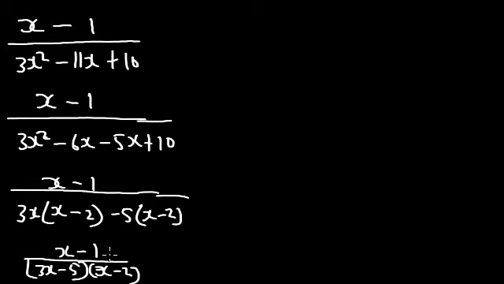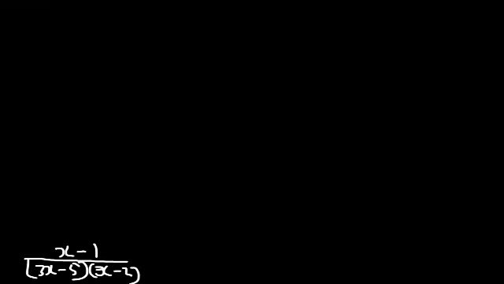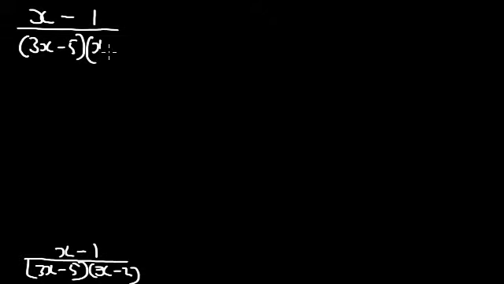So this is the factorized form of the given denominator. So now we can break it into pieces using partial fraction decomposition. So we have converted to x minus 1 all divided by 3x minus 5 then multiply by x minus 2.